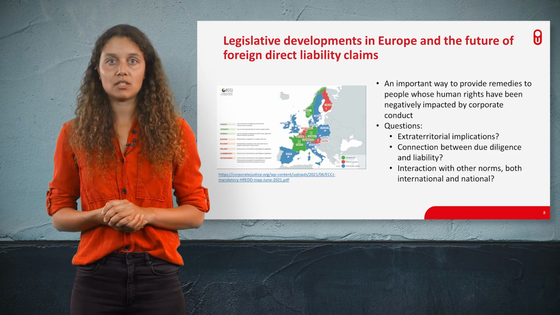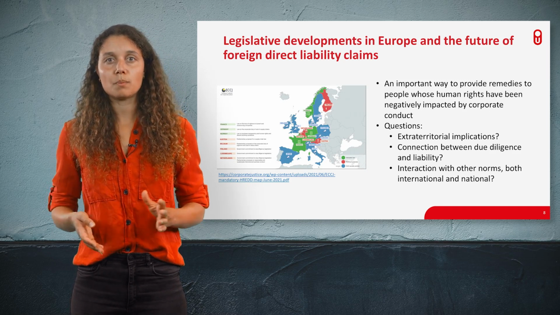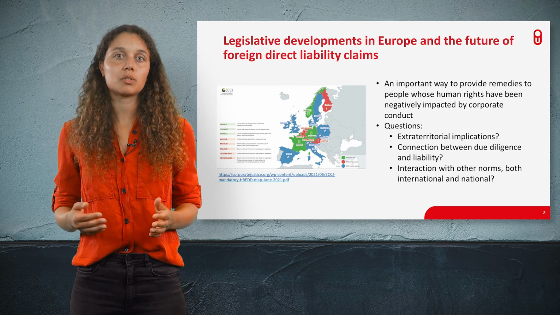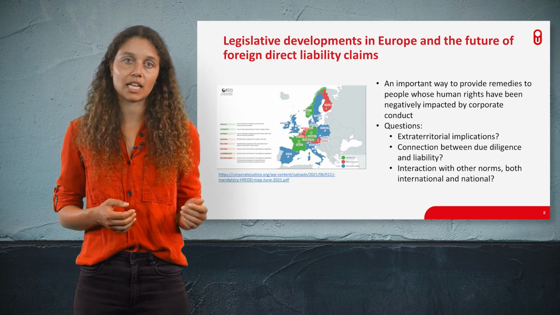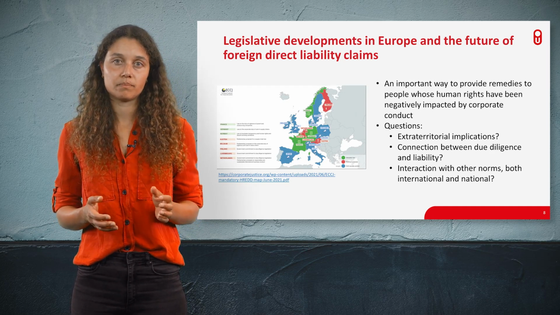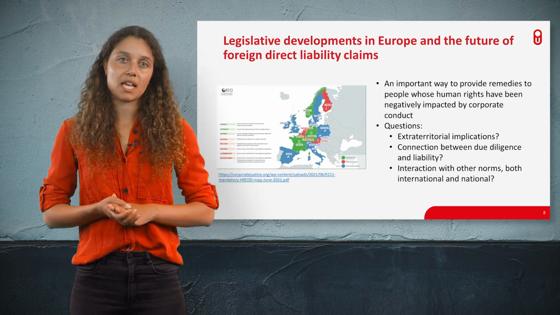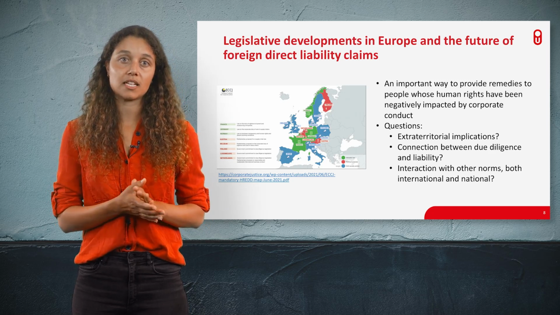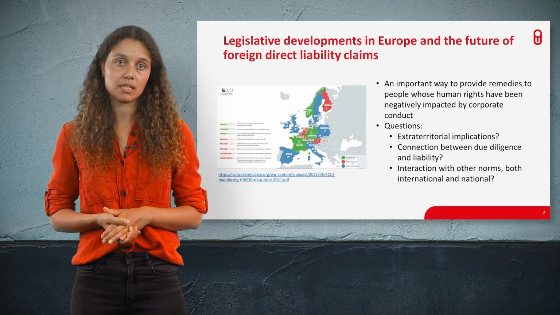I will not get into more detail, but wish to conclude by saying that I believe these due diligence laws can provide new perspectives on the debates about foreign direct liability claims, but that they will not necessarily settle them. An important aspect that may complicate matters is the yet unclear connection between due diligence and how to establish liability.